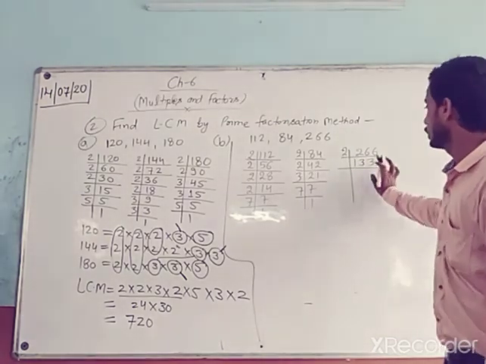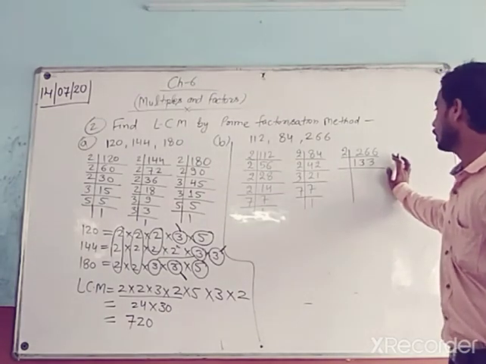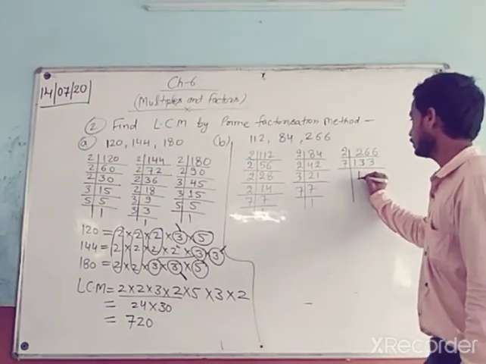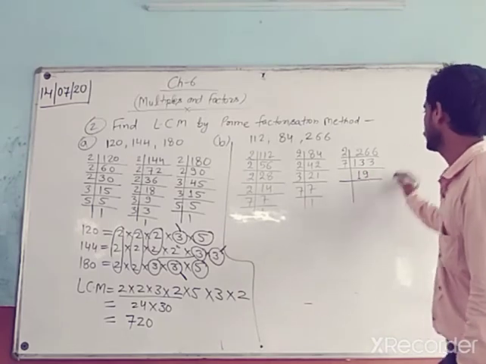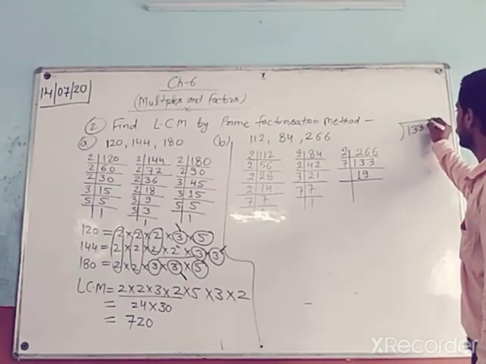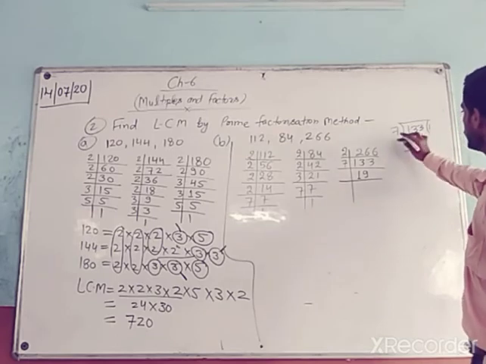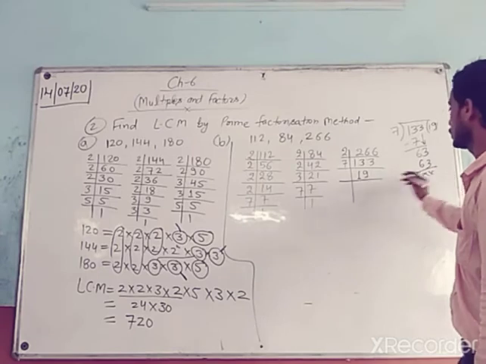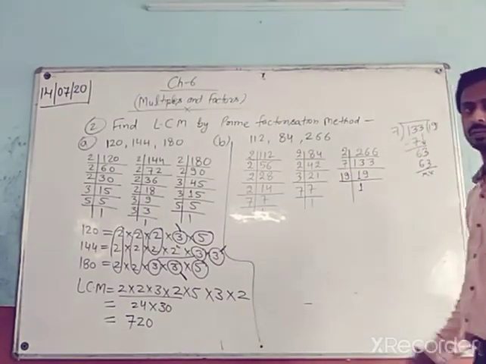133. Now you know that this number 133 is divisible by 7. 7 1s are 7 and then 7 9s are 63. See, when you divide 133 by 7, 7 1s are 7, then we have 63, 7 9s are 63. Okay, so 19, and 19 is a prime number, so 19 1s are 19.